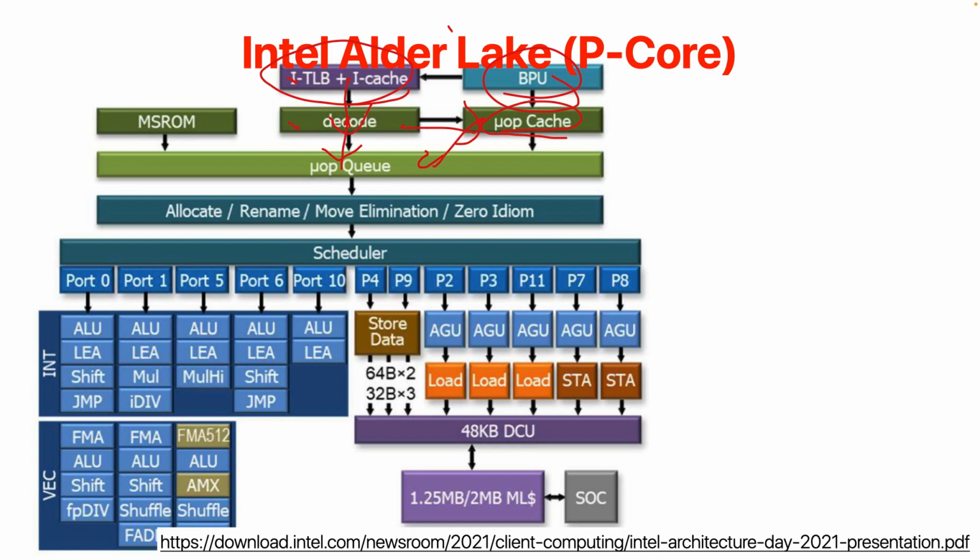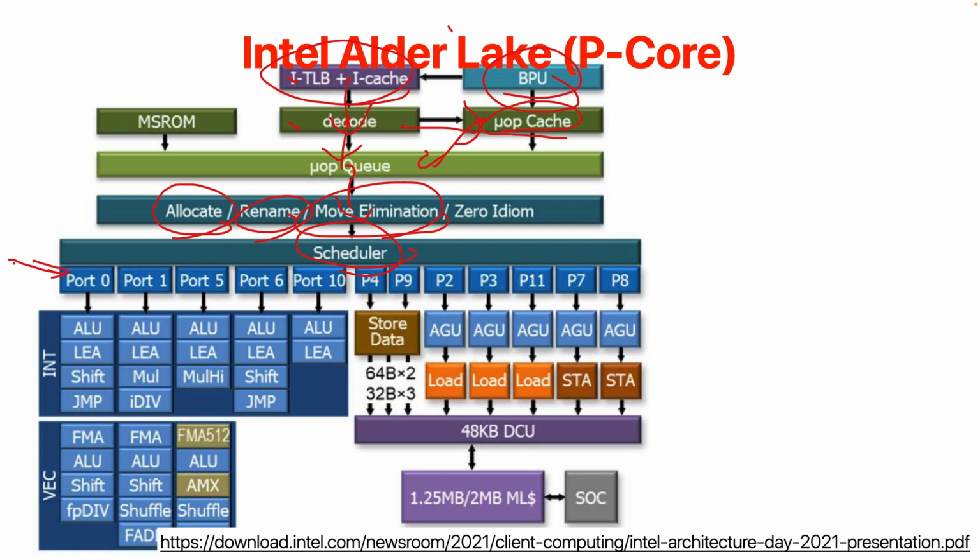So this is pretty much like an instruction queue. And then you will have the allocation and renaming logic, right? And interestingly, they have this move elimination. So in hardware right now, they try to see, well, if there are two instructions that are moving data from each other, they will shortcut it. And then the scheduler is pretty much like the issue logic.